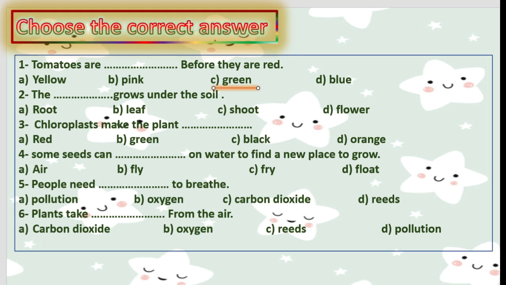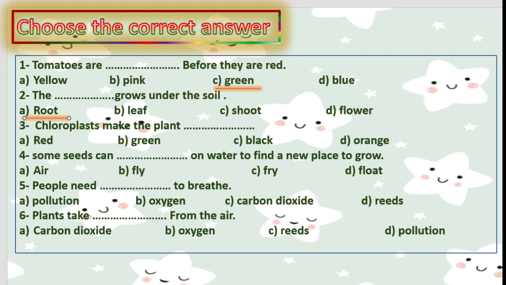Green. 2, the root, leaf, shoot, flower grows under the soil. Roots. 3, chloroplasts make the plants red, green, black, orange.